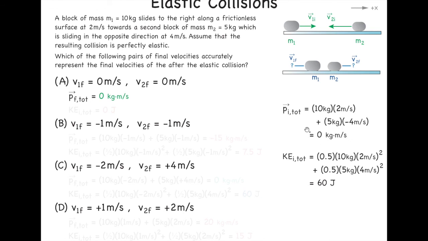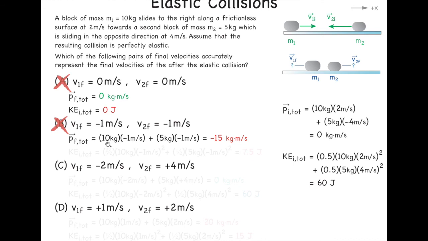So far we're looking pretty good. But if we calculate the total kinetic energy in the final state, we find that it is also 0 joules, right? Because nothing's moving. But we know that for an elastic collision, kinetic energy is supposed to be conserved, and since it started with 60 joules, it's supposed to end with 60 joules, so clearly this is not the right answer. Let's move on to B.